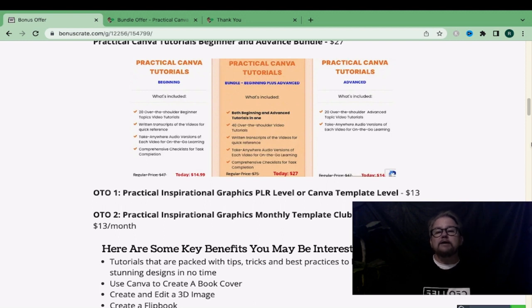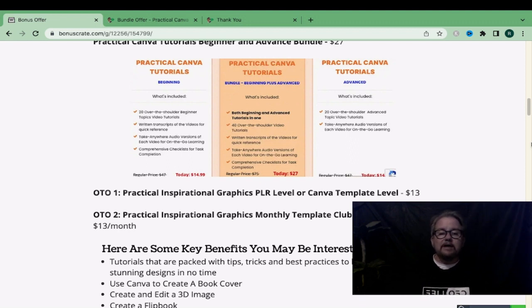The reason why is the beginner may have a lot of stuff you already know if you're already using Canva, but there's some things in there that I thought were really surprising because I learned some things inside of the beginner that I didn't know. And of course the advanced, there were things that I might have known, maybe thought about, but there was so much more packed into it, and it's the best deal because you're going to want to get more than what you asked for.